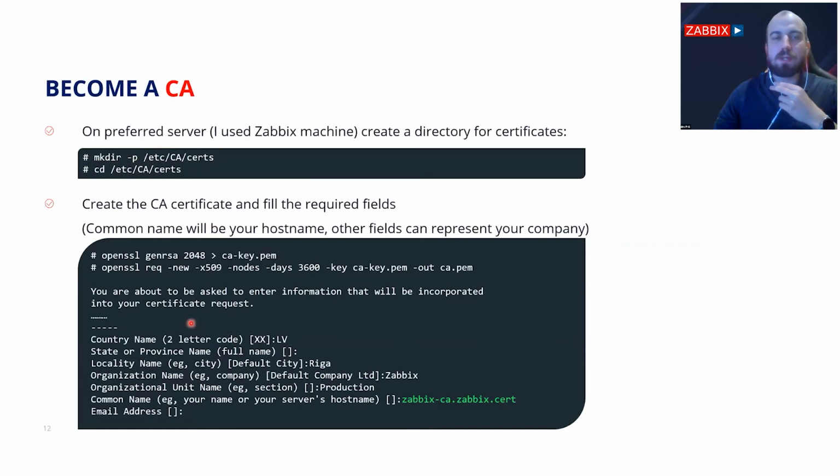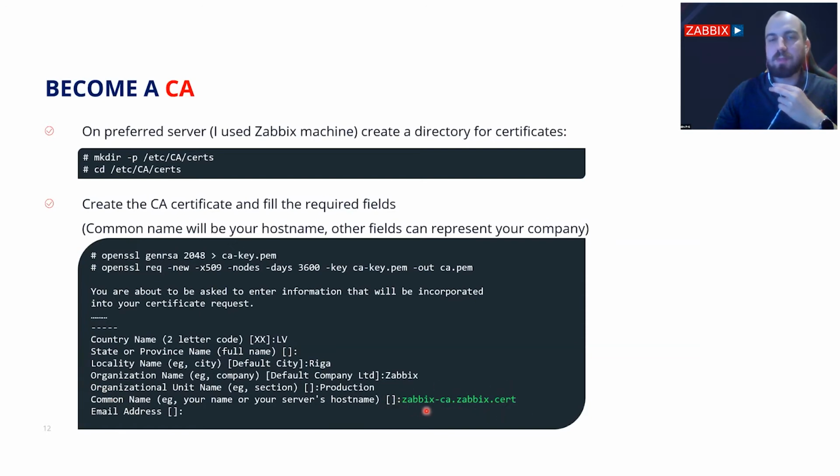As you can see, it will ask you to provide the country name, the state or province name, if you wish, locality name, and organization name, which are all important if you will use it in your company, but not really obligatory if you're using self-signed certificates. What's really important is the common name, in case you will be using it, especially for connections.